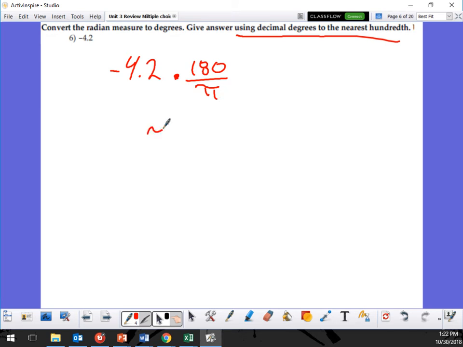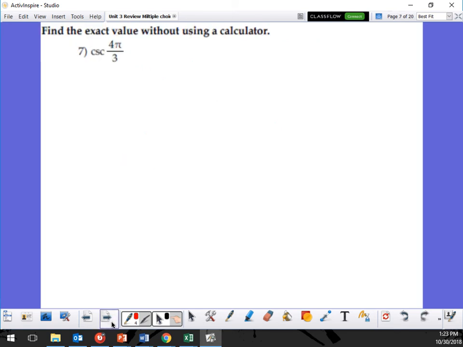I got negative 240.642. It said to the hundredth, so that means it's going to be 240.64, right? Yeah. All right, so what answer is that? That's C.